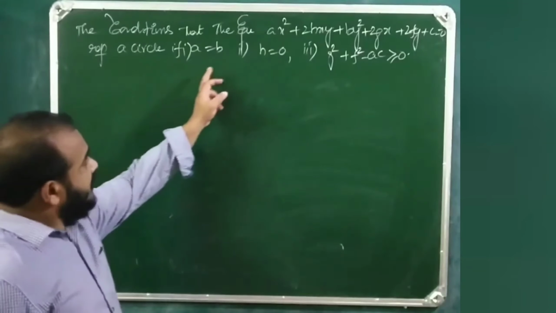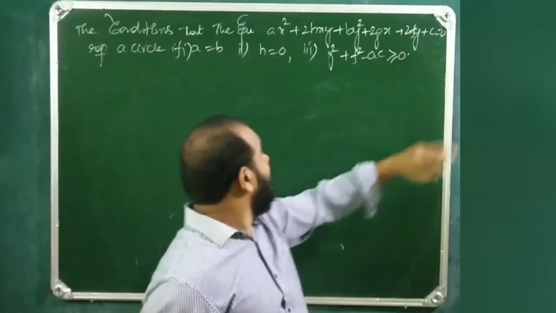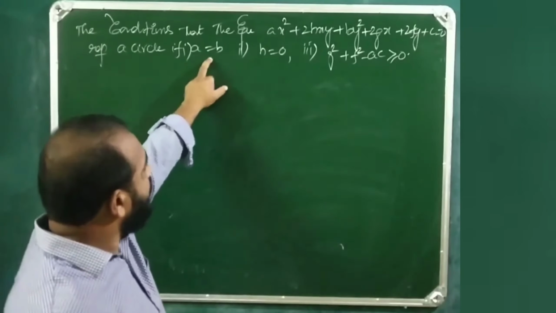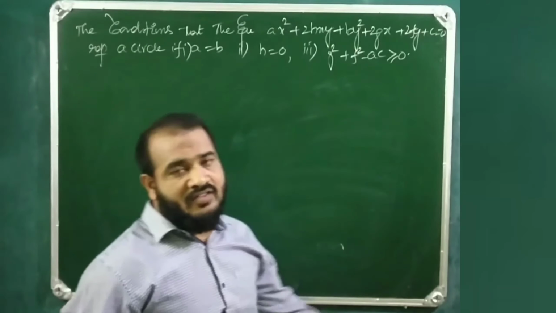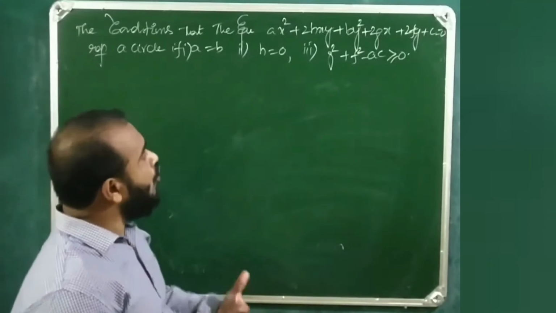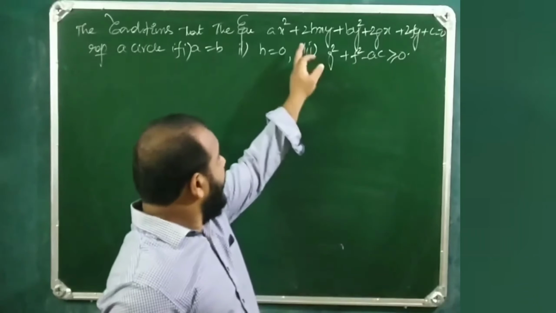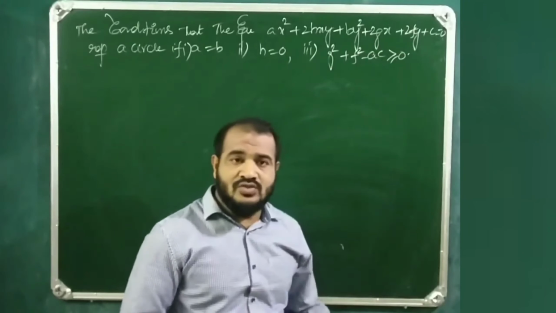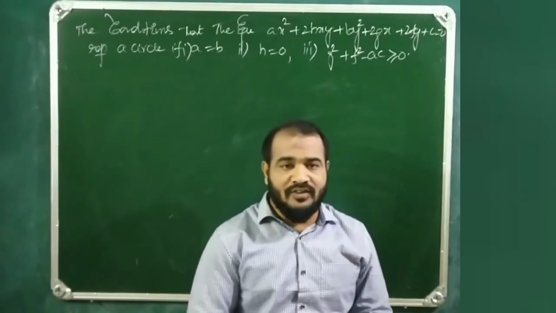The condition that the equation ax square plus 2hxy plus by square plus 2gx plus 2fy plus c equals 0 represents a circle is a equals b, h equals 0, and g square plus f square minus ac greater than or equal to 0. We have already learnt in the first year that this represents a second degree non-homogeneous equation.